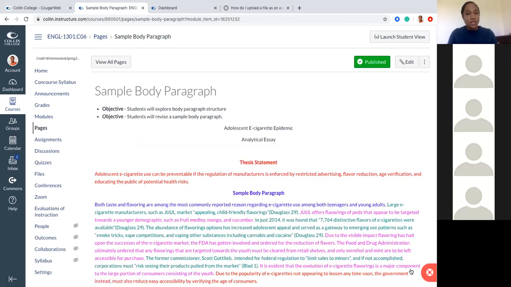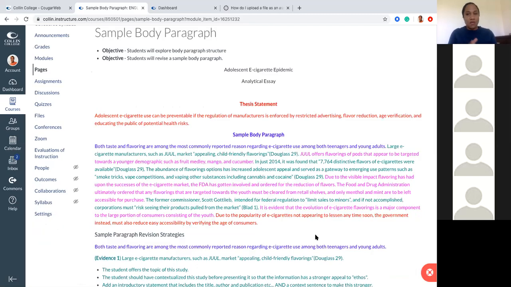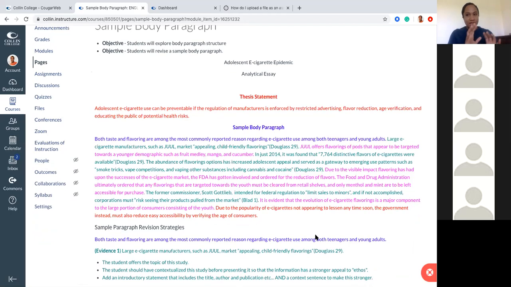Don't forget, you want to look at the samples from the earlier assignments. I think you had a discussion question last week or the week before where you had to look at sample student essays and then start to analyze or evaluate how well the students executed different parts of the analytical essay.